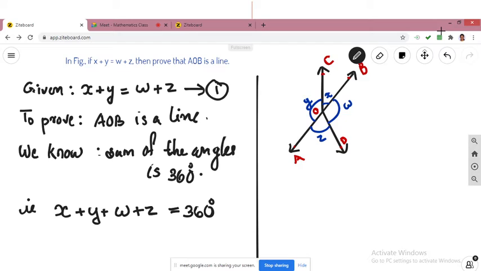So can we substitute it here? So what should we do to solve? We have to substitute x plus y in the place of w plus z. Yeah, so I'll be substituting equation 1 here. So from equation 1, okay, I'll give it as 2.